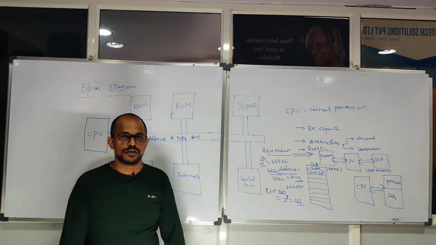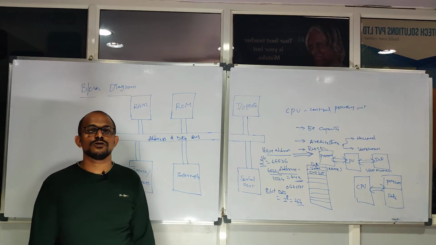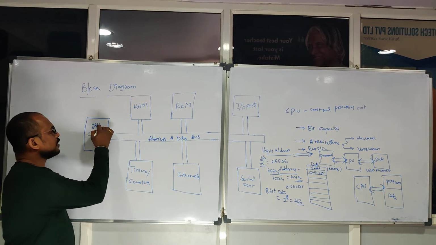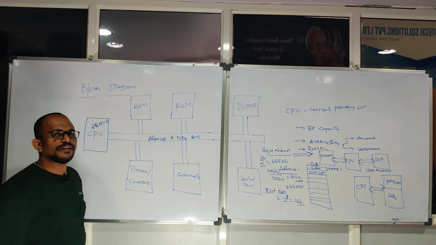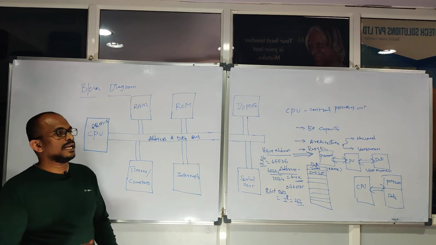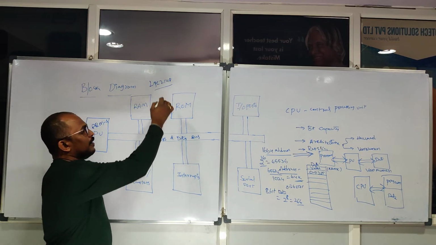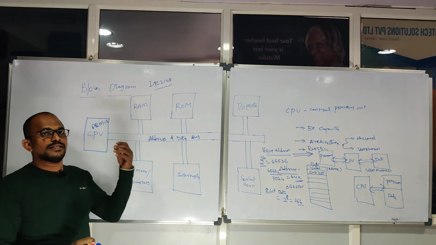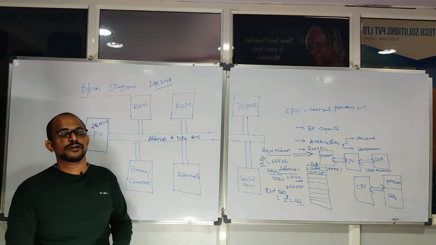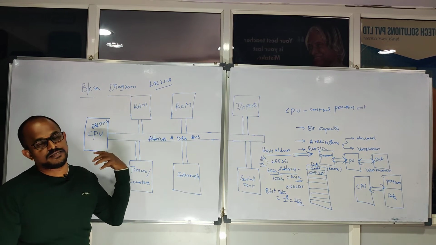Every microcontroller, even your LPC2148 or STM32, is designed with a processor like ARM7, ARM9, ARM11. LPC2148 is a controller from Philips, but they use ARM as a processor. And STM32 is a microcontroller from ST Microelectronics, but they used a Cortex-M processor as the CPU.